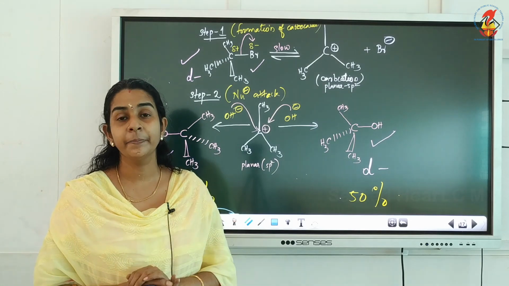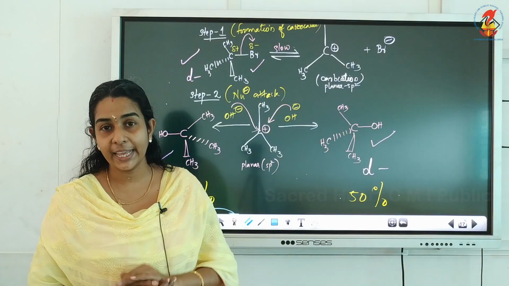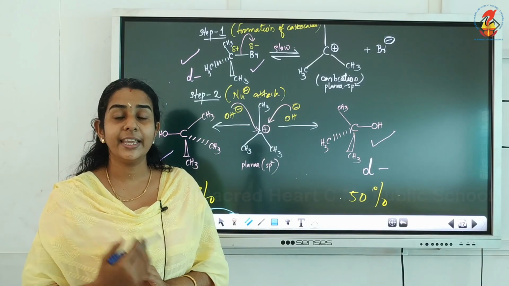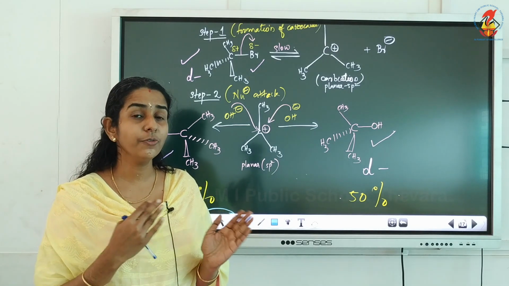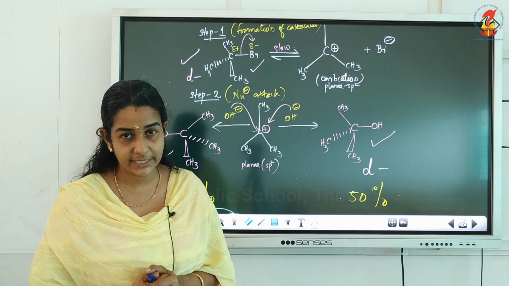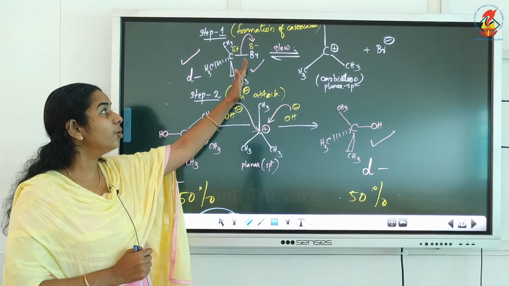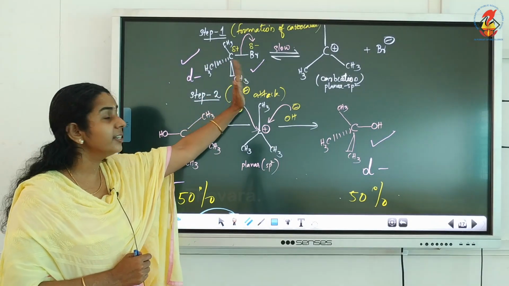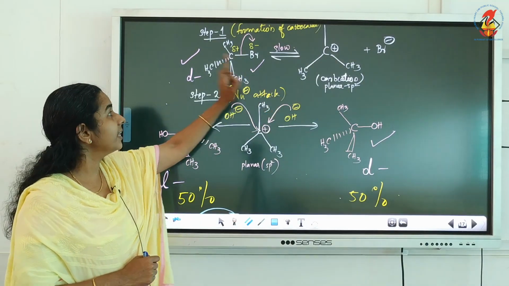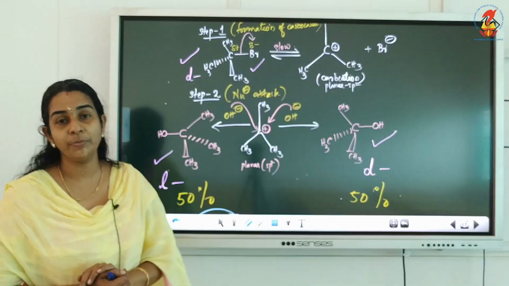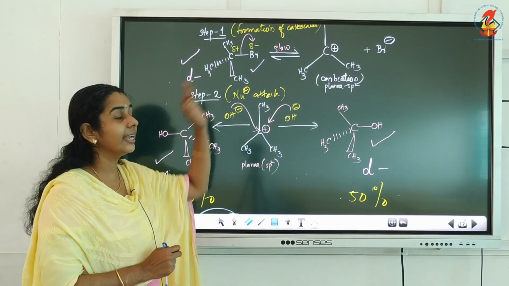And remember, in the SN1 mechanism, since it takes place in 2 steps, one of the steps will be the rate determining step. Here the slowest step is step 1, so that is the rate determining step. In the rate determining step only one reactant molecule is there, that is the alkyl halide.